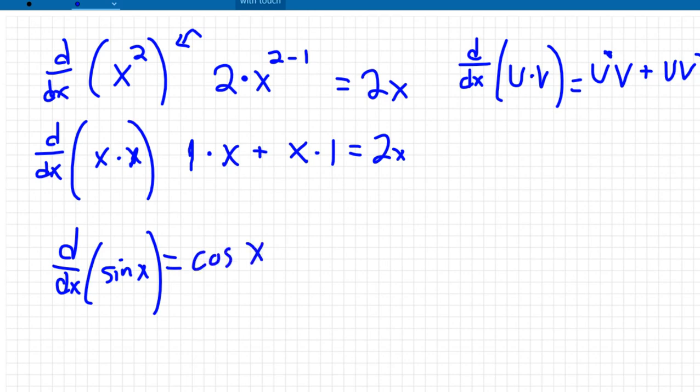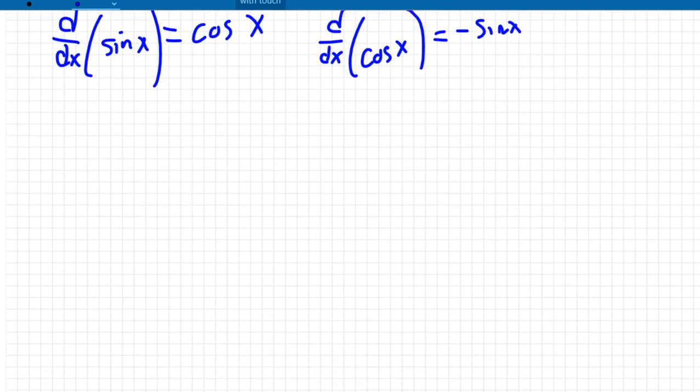It's a pretty important derivative to know. And obviously there's also the derivative of cosine of x, which actually equals the opposite of sine of x.